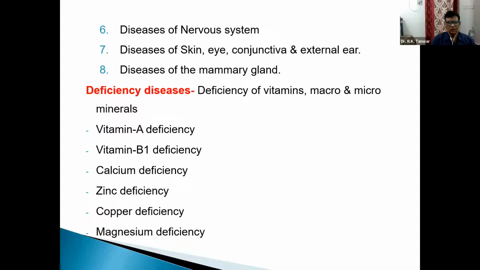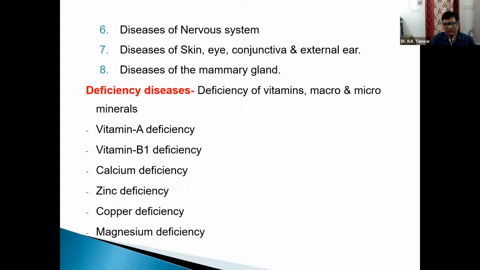And in sheep and goats, there are a large number of deficiency diseases, that is deficiency of vitamins. Particularly in Rajasthan, there is a problem of vitamin A deficiency because the availability of vitamin A to the animal is very less. And macro and micro minerals, vitamins included, there is a problem of vitamin B deficiency in our livestock.